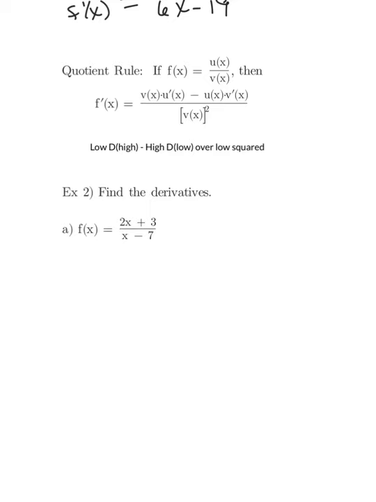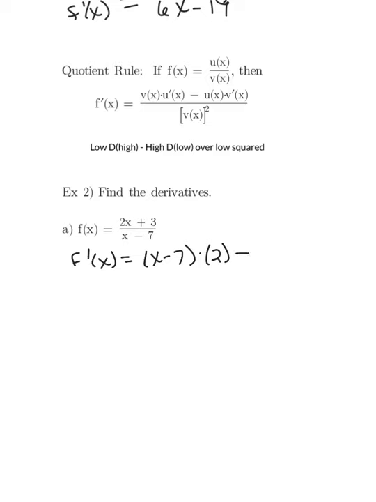Following our rule, then, to find the derivative, you start with the denominator, the low, as it was given, x minus 7. Take that times the derivative of the high. The derivative of the numerator will be just 2.